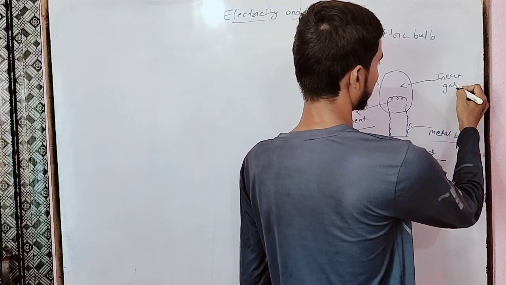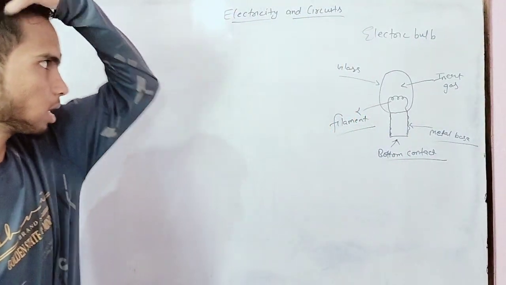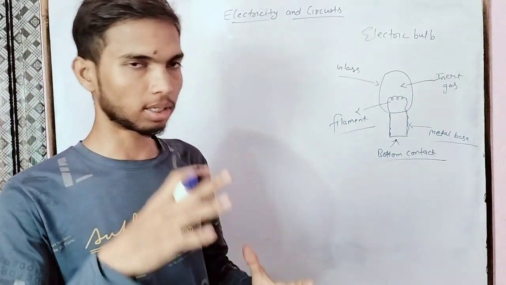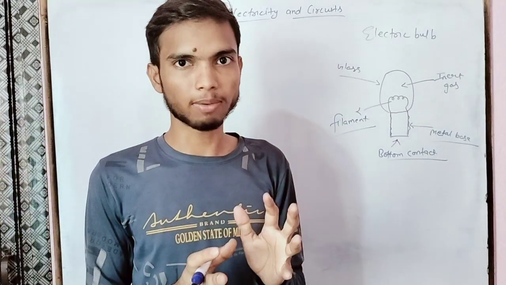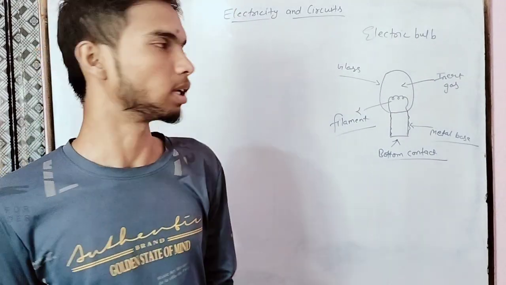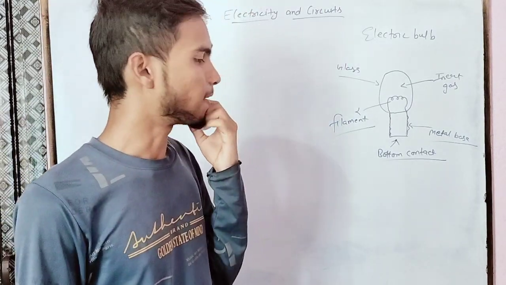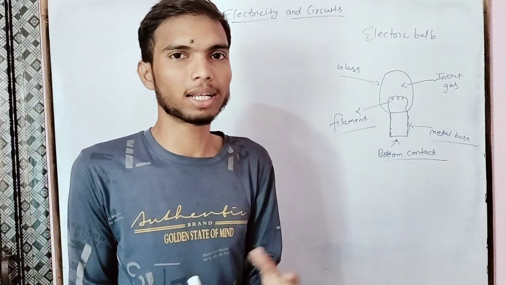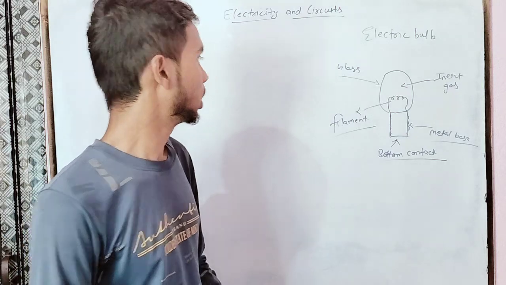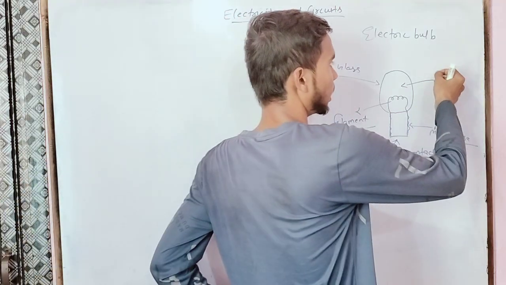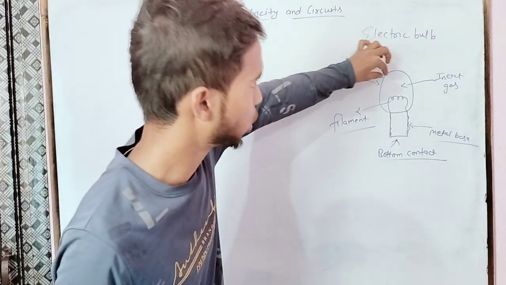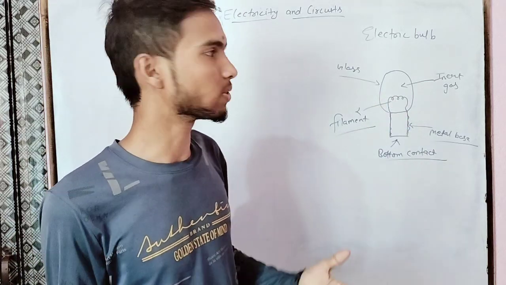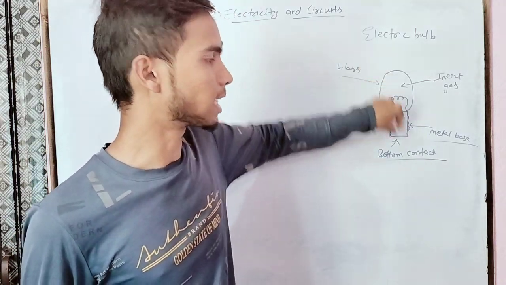Inert gas. Now here, the upper circle shape is made of glass material. Anybody can see this glass material is transparent. After this, there is a gas present inside this bulb.